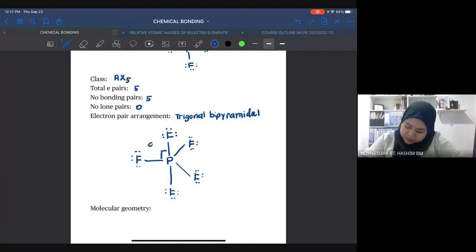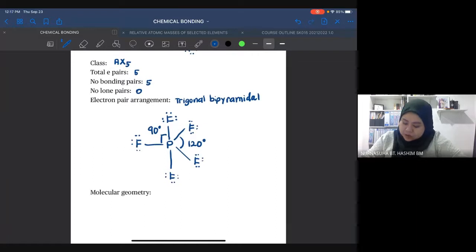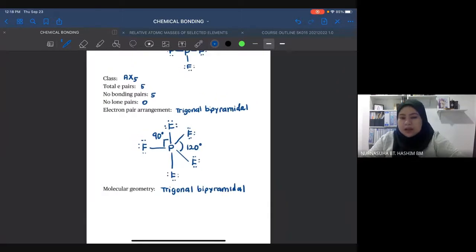So we have 90 degree angle over here and 120 degree angle. So geometry dia adalah trigonal bipyramidal. So bila kita lukis geometry, wajib untuk awak letak angle, bond angle tu.